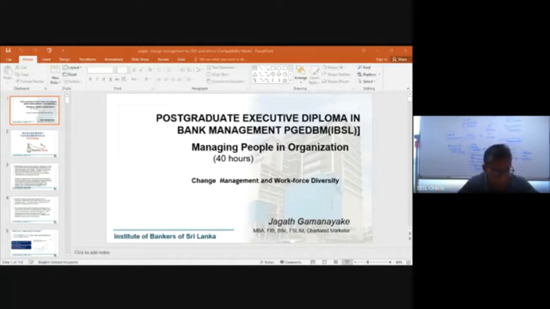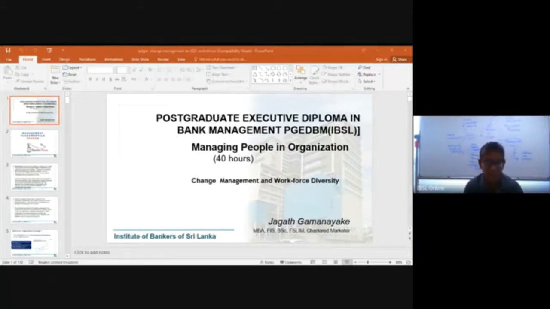So how can you use Kurt Lewin's three-stage model for introducing this digitalization process in a bank? The first step is unfreezing. This involves, as explained, convincing employees of the initial need for increased automation in the branches. We have to explain to them. While this may be difficult to do, especially if employees are heavily unionized, it is a crucial step in the change management process, the refreezing stage.